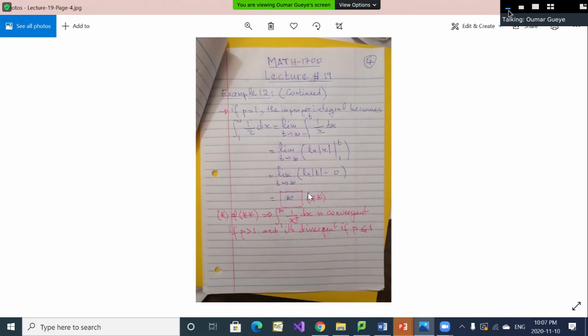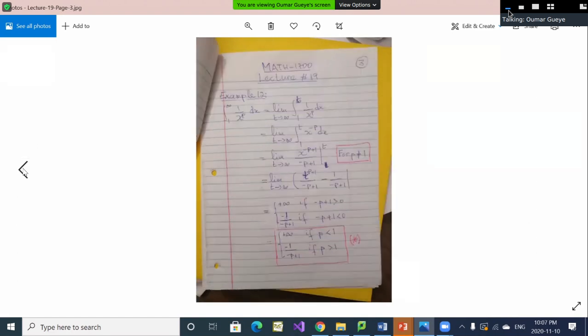Now combining this case, which is p equal to 1, and the previous cases, we can conclude about p. So from this, it is going to be convergent if p is greater than 1.